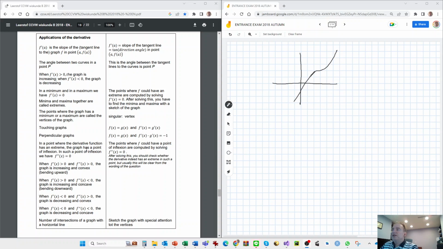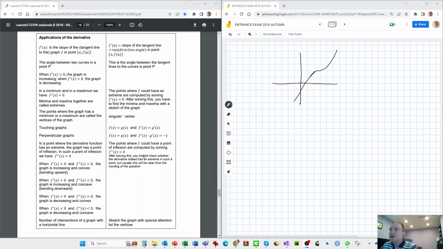Now, if the derivative function has an extreme, the graph has a point of inflection. And so what does that mean? Well, the derivative has an extreme. For sure, the f double prime, the second derivative, has to be 0. And as discussed above, if this is the case, it doesn't necessarily mean it's an extreme.